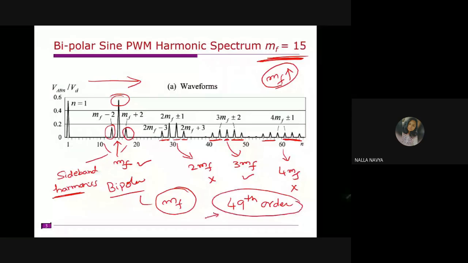Whatever harmonic is greater than the 49th order, we assume its magnitude is very small and it can be easily filtered out by the machine inductance, the transformer, or the transmission system impedance.